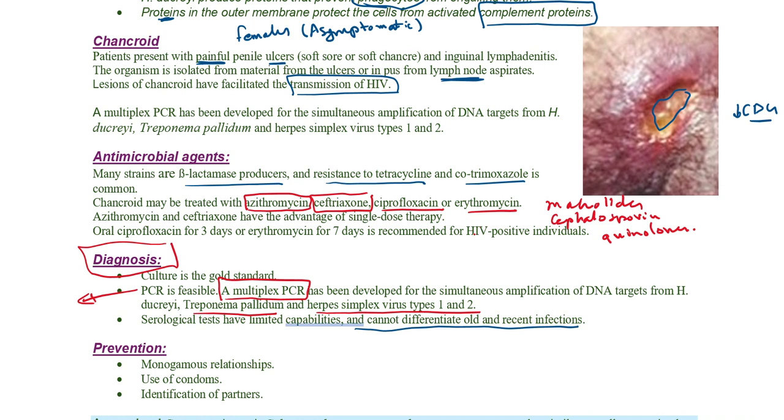Especially for patients who are HIV positive. In HIV positive individuals, don't go for the single dose regimen with azithromycin or ceftriaxone. Just go for 3 days of erythromycin or 7 days of ciprofloxacin.